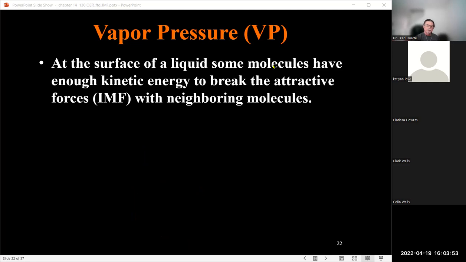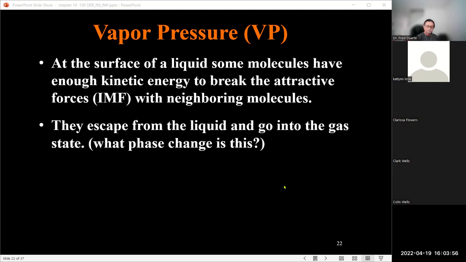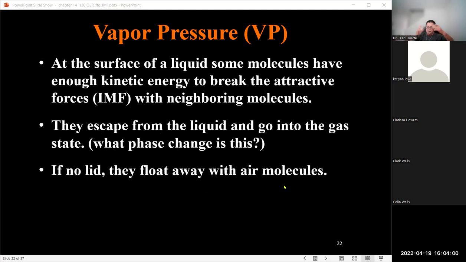So, vapor pressure is just the gas molecules that are in a closed container. Obviously, if we had no lid, the air molecules will go away. Eventually, your soda pop, you ever had that soda pop uncapped someplace, left it for a couple hours, you come and take a drink, it's pretty flat, right? It's because the carbonation has left.